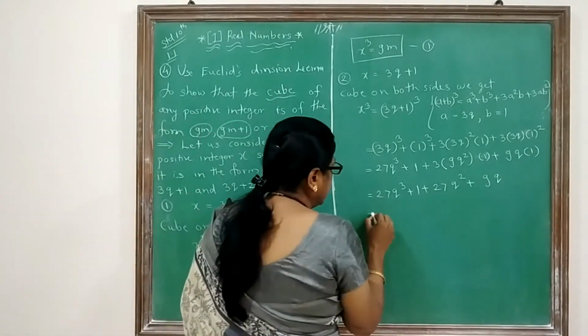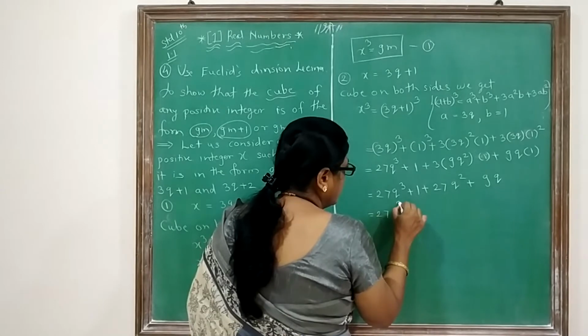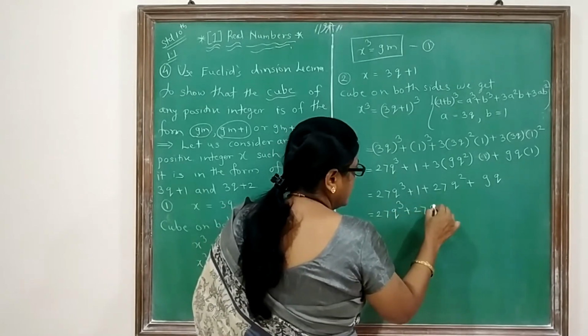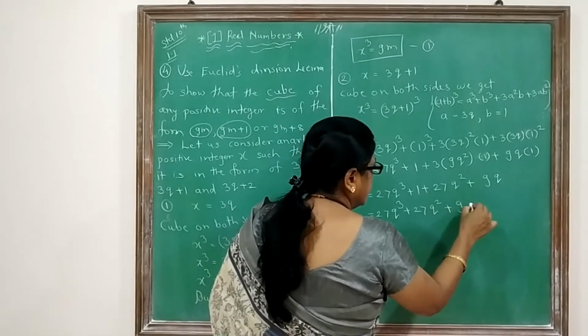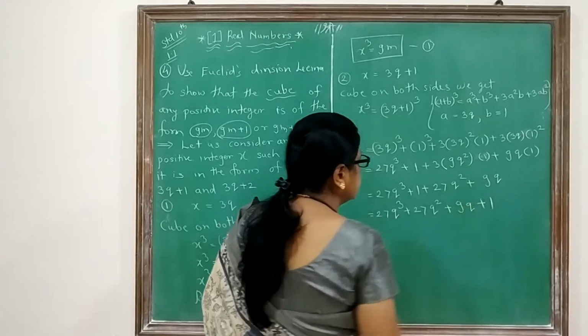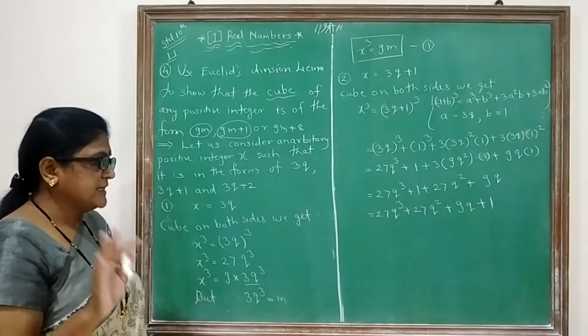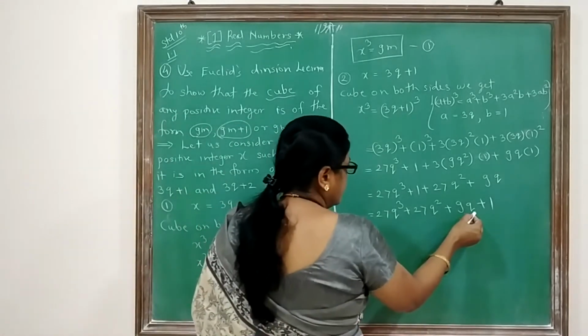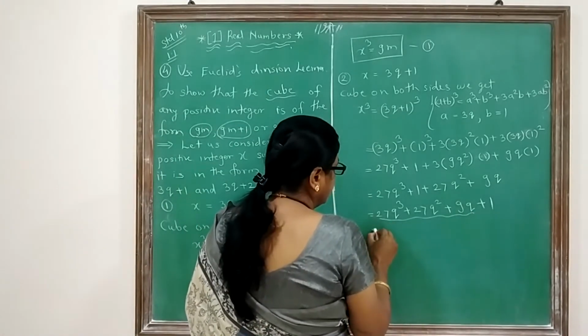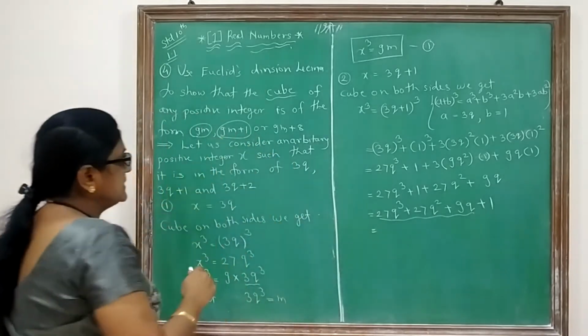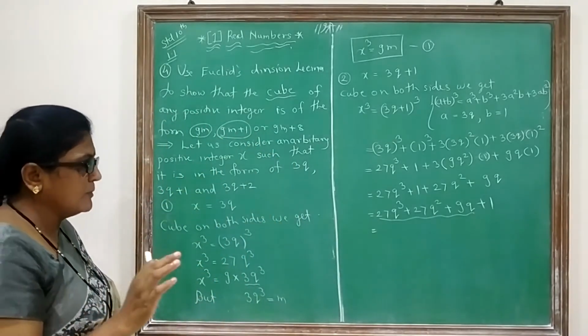Which way can you rearrange? First write the q cube term, second the q square term, third the q term, and last the constant 1. Here, since you need 9m plus 1, you take 9 common.